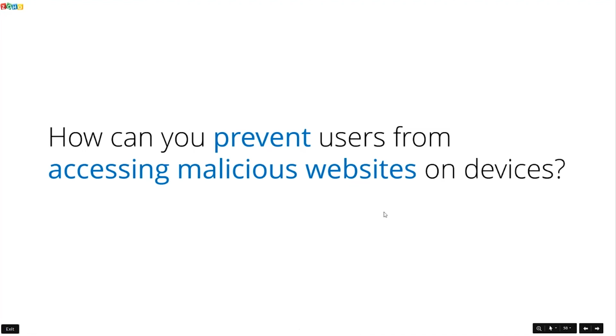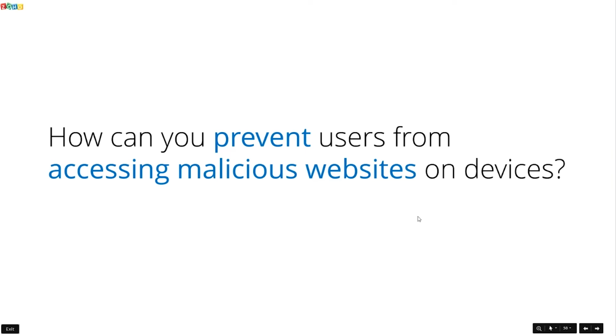So now how we can prevent users from accessing malicious websites. Because as you know, we are all moving into cloud now, so we have started using applications in the browsers. So what if you have browser-based applications or a cloud-based application, which you want to prevent the users from using as well?